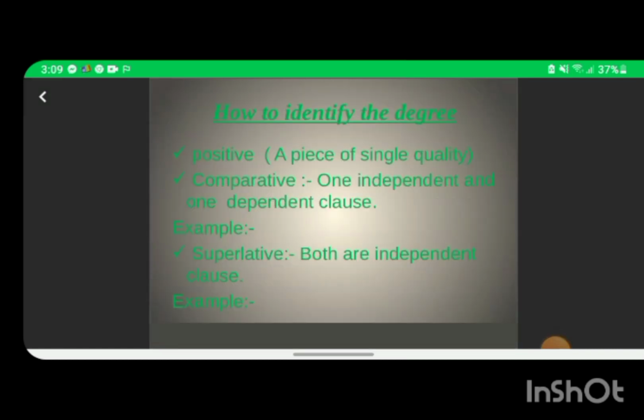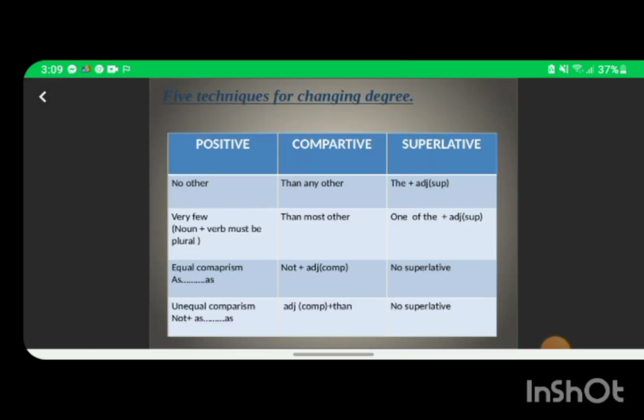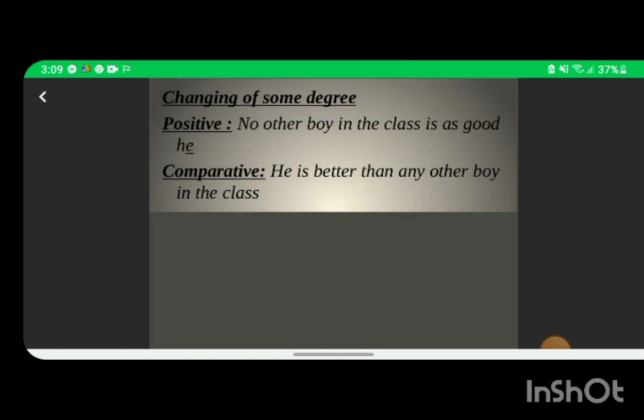For this reason, equal and unequal comparison cannot be held among more than two persons, and there will be no superlative degree. In the last two slides I will end my class by showing you some examples of the degree.